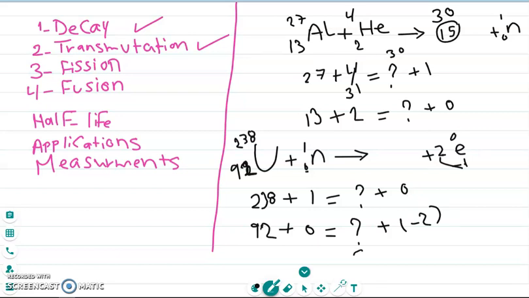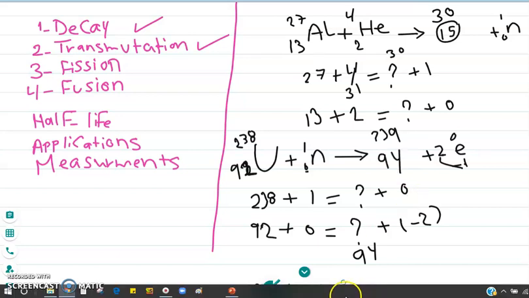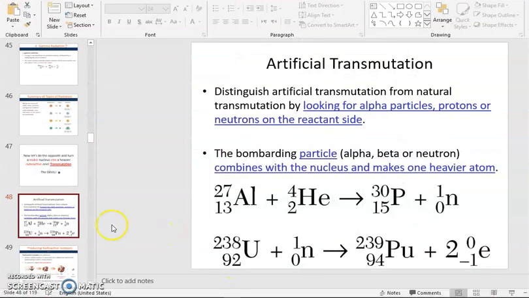So let's say 94. So here and here is 239, and 94. We go to the periodic table and get the 94, and the symbol is Pu.